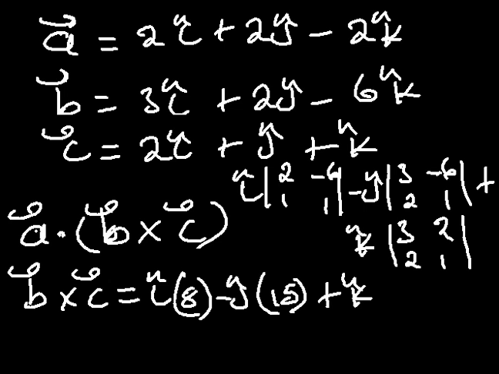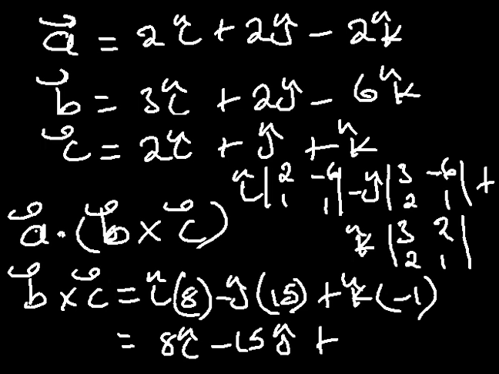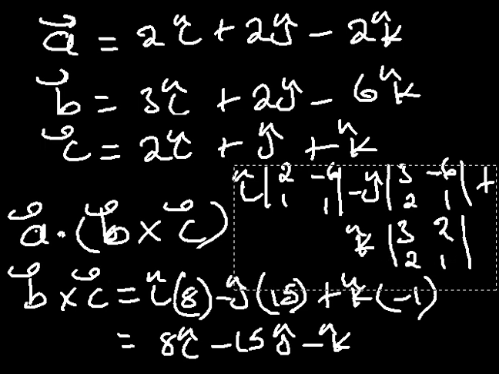And plus k, that is 3 times 1, which is 3, minus 2 times 2, which gives negative 1. So we have 8i minus 15j plus negative k. This is the cross product of the two vectors.